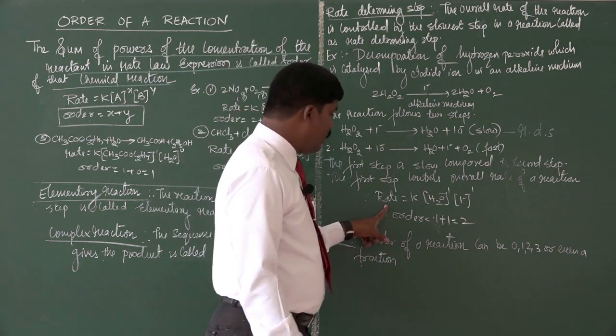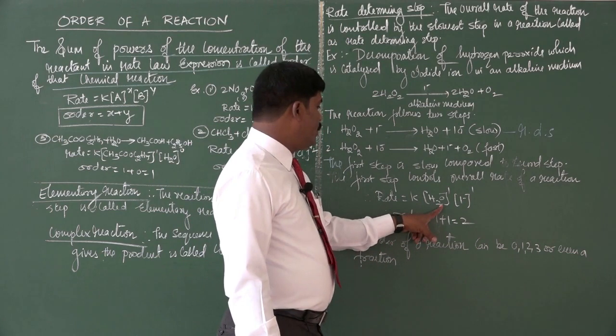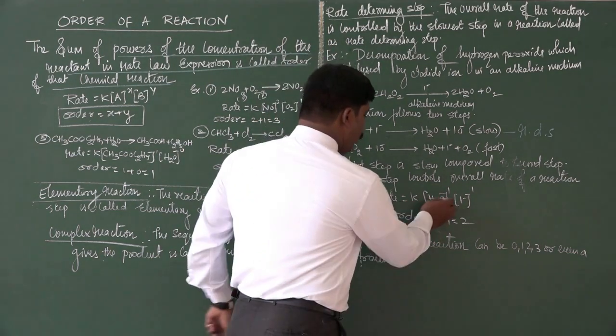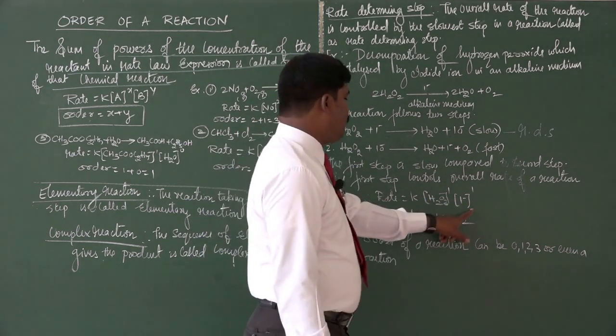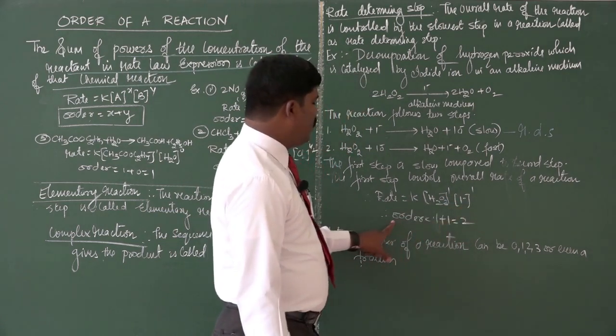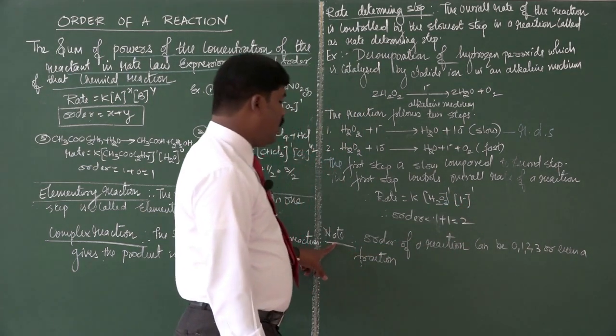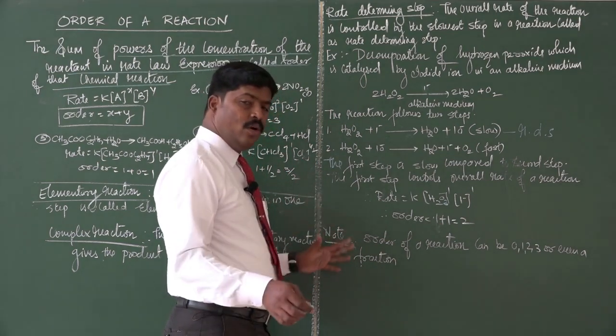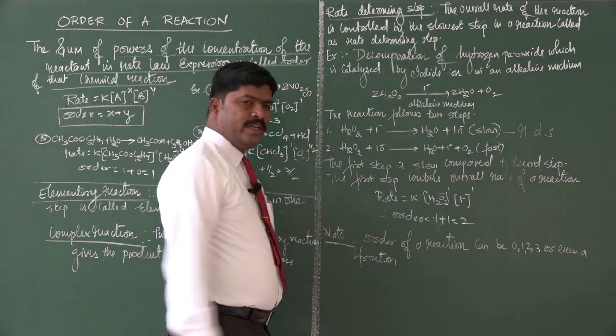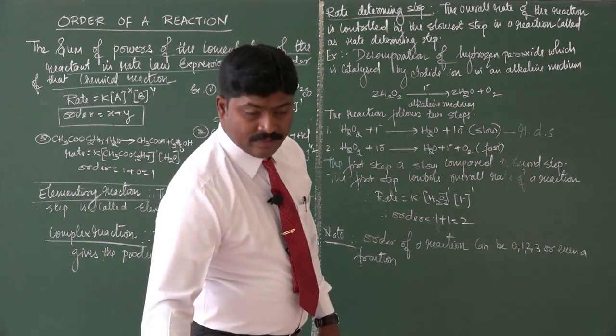Therefore, rate is equal to k [H2O2]^1 [I minus]^1, order is equal to 1 plus 1, that is equal to 2, and therefore we say order of reaction can be 0, can be 1, can be 2, can be 3 or even a fraction.